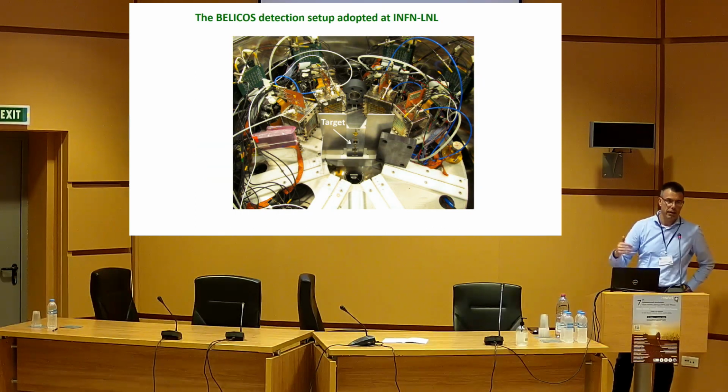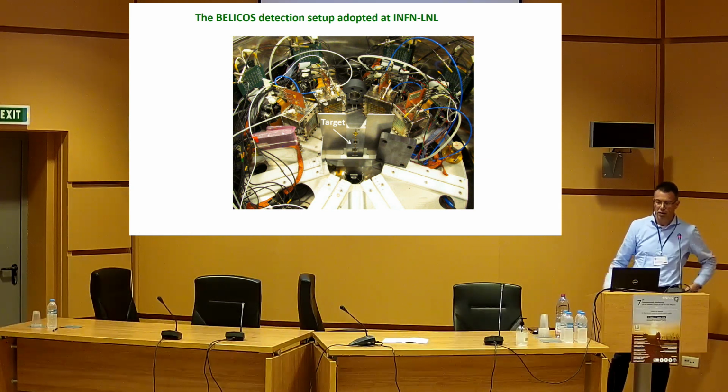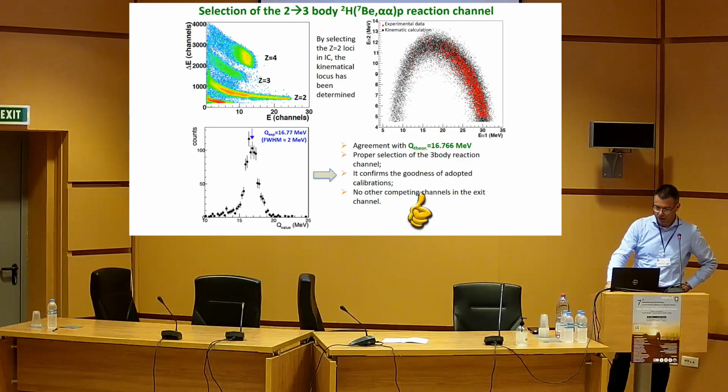We used the delta-E identification technique with ionization chambers as a first layer, and then we have DSSD detectors, so solid-state detectors made of silicon, double-sided, in order to achieve a pixel configuration of 2 × 2 millimeters.